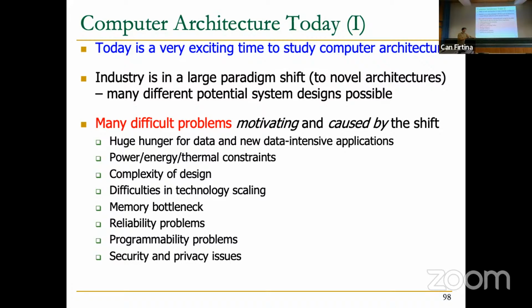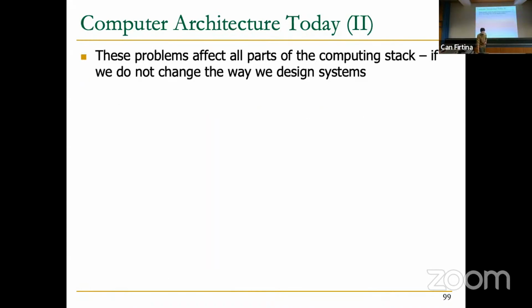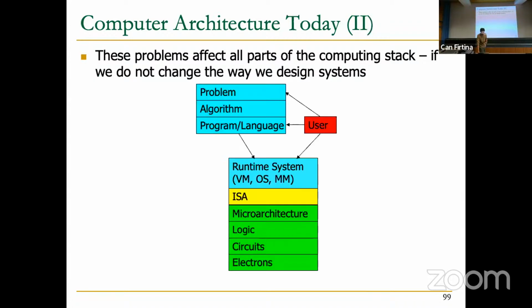Instead of programming with assembly instructions, or even something relatively low level like C, you may be able to develop a programming language and framework that is higher level and can be programmed much more efficiently and with fewer lines of code. But there are no clear and definitive answers to these problems. That's why we always have to keep working. These problems affect all parts of the computing stack.